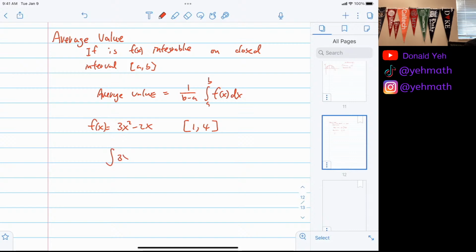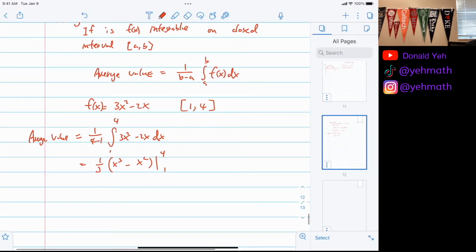3x squared minus 2x dx, and you should put 1 over 4 minus 1 between 1 and 4. And this is the average value. So that's equal to 1 over 3 times the integration of x cubed minus x squared between 1 and 4.